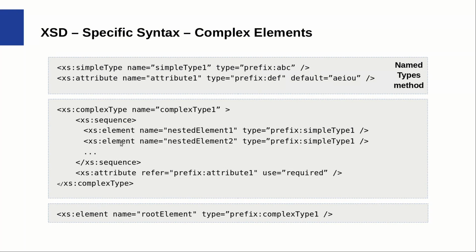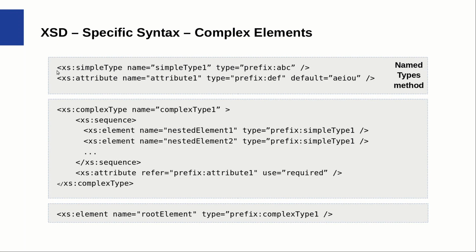And at the second element, just for showing the possibility of reusing those globally declared types, here we declare another element with another name, nestedElement2, and the type we set the same type of the last element with the custom prefix. For example, DNPM1982, the prefix that links to the target namespace of that XSD, colon the simpleType1, which is the same type we've declared globally outside.